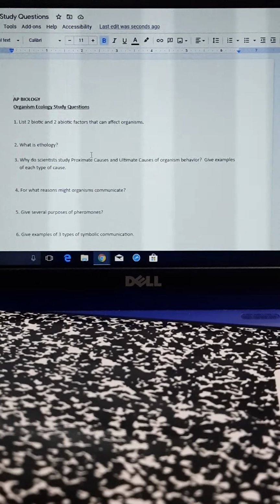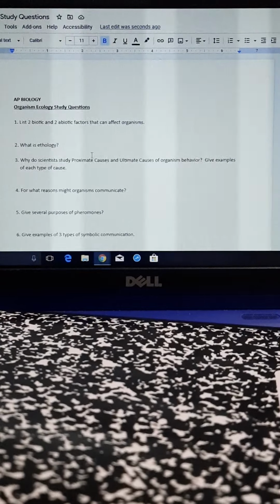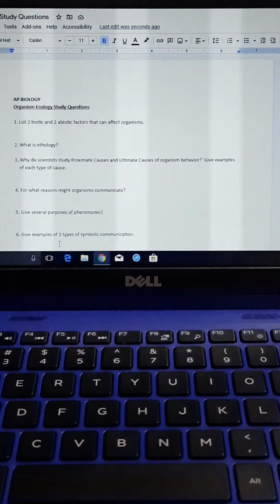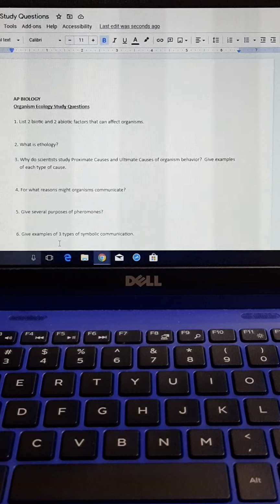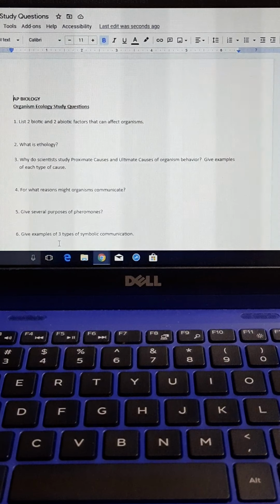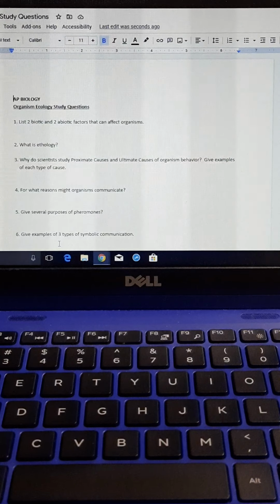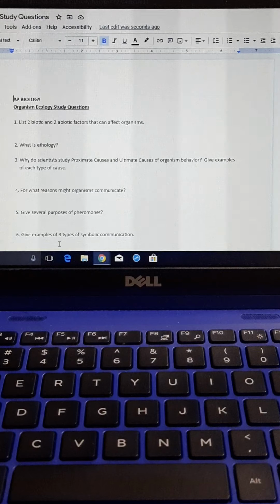All right, so first of all, organisms. We have the first question: list two biotic and two abiotic factors that can affect organisms. Biotic factors, again, are living factors and stimuli. Abiotic aren't alive.